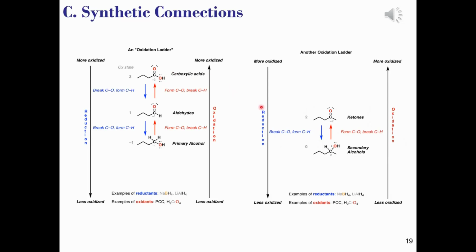The second oxidation ladder is specifically for secondary alcohols or ketones, depending on where you're starting from. So, in conclusion, we see that it is possible to use either sodium borohydride or LiAlH4 if you're going to perform a reduction of a ketone, or it is possible to use PCC or chromic acid if you're going to oxidize a secondary alcohol.